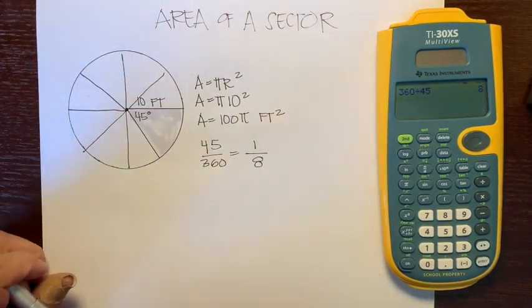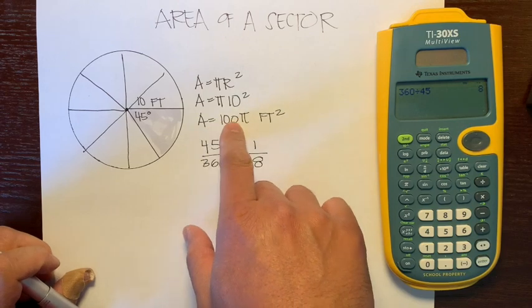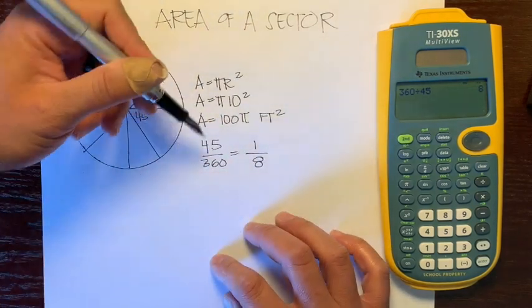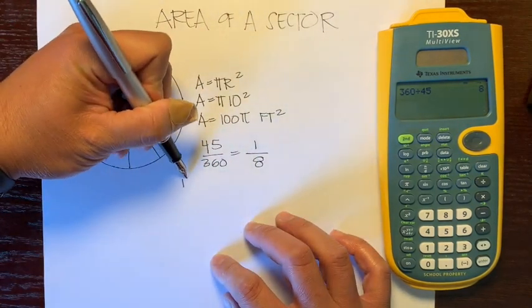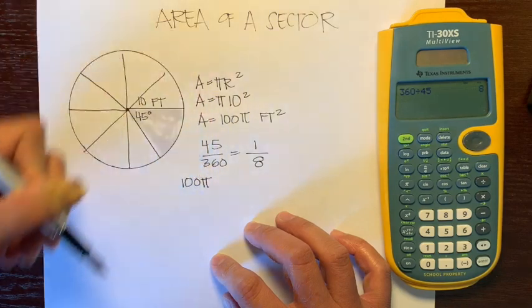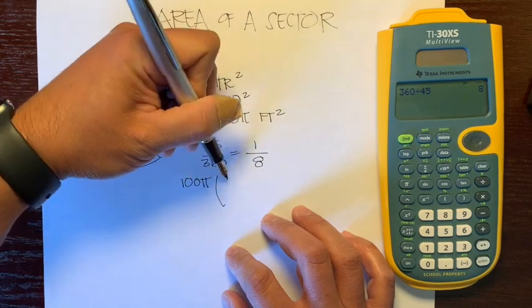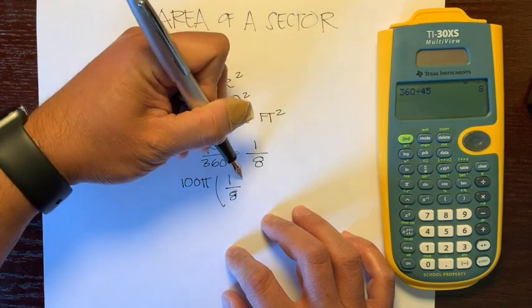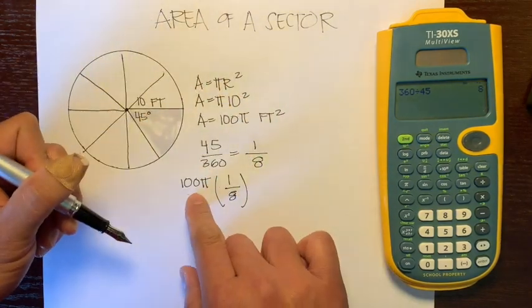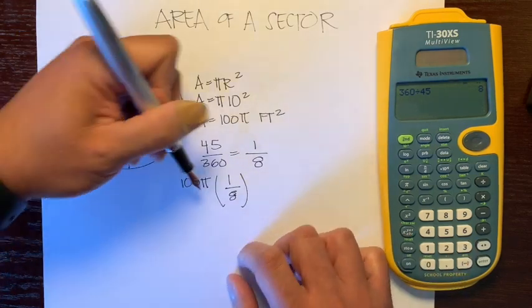So then we're going to take the entire area of this circle, which is 100 pi, and multiply it by 1 out of 8. So 1 over 8. And to make it easier on yourselves, put a 1. What number can you put under any number? 1.